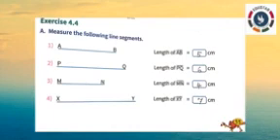Come on, get ready with your ruler, that is, scale. See the first one. Measure the length of line segment AB. Place your ruler such that its 0 mark is at A and read the ruler mark up to B.